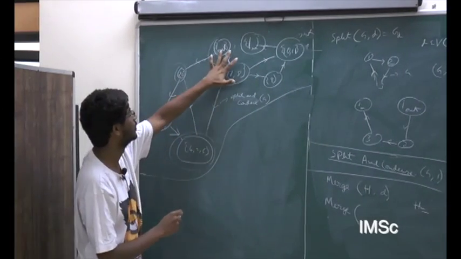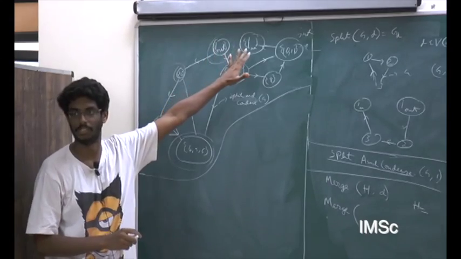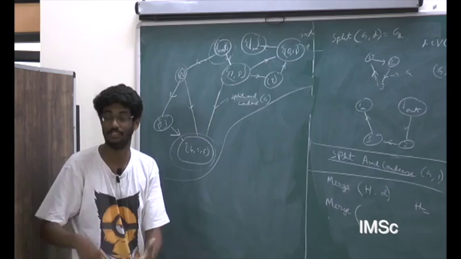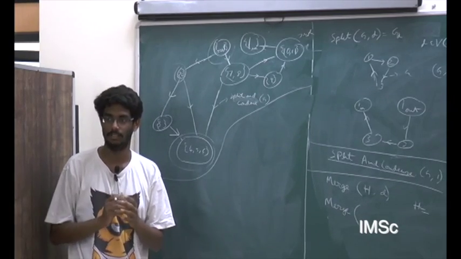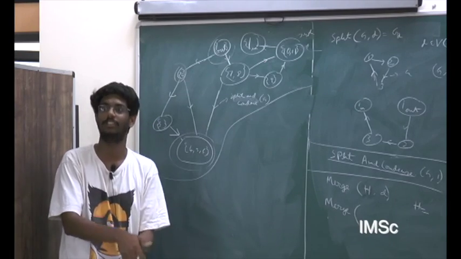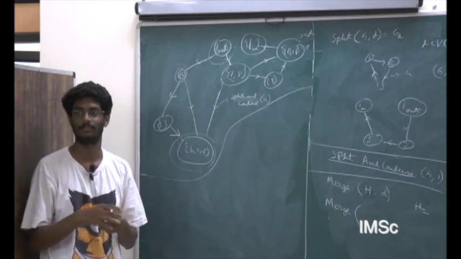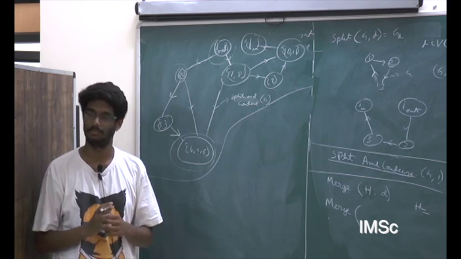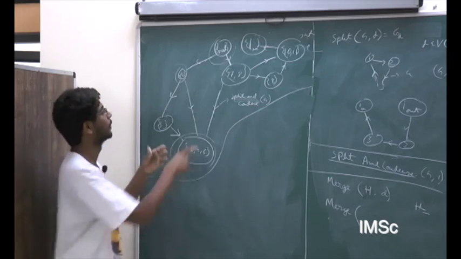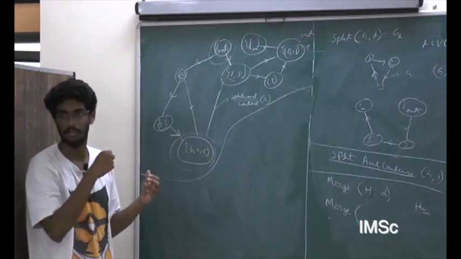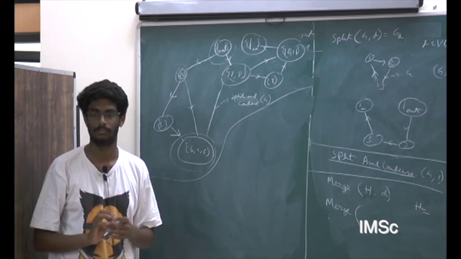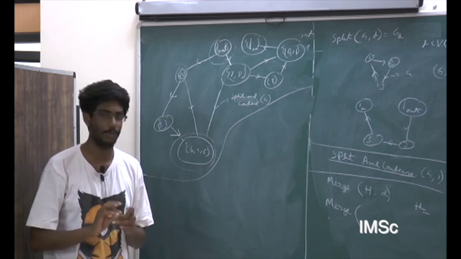Whatever is there in H, it will go to every node and replace D in or D out with D. If D in is an element of H, it will replace it with D. If D out is an element of H, it will replace it as well. If two nodes become the same, like suppose 1 in was also in H, then you have two D's, so you merge, and you get the same thing again. But if neither D in nor D out is in H, you don't do anything. It will remain the same.